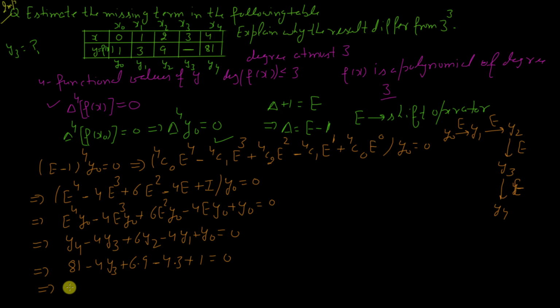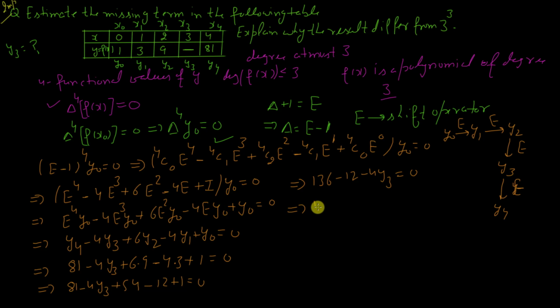This implies that 81 minus 4 y3 plus 54 minus 12 plus 1 equal to 0. This further implies that this will add up to 81 and 54 is 135, and 136 minus 12 minus 4 y3 equal to 0.